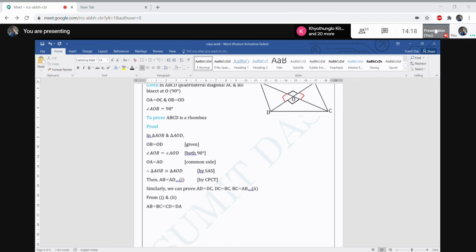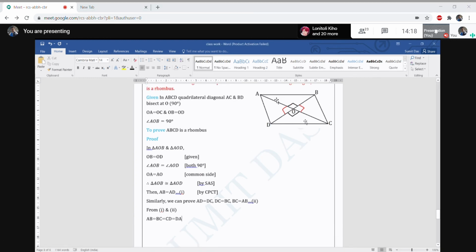Okay, now in ABCD quadrilateral we can say that opposite sides are equal. We see AB equal to DC and AD equal to BC, because all are equal.